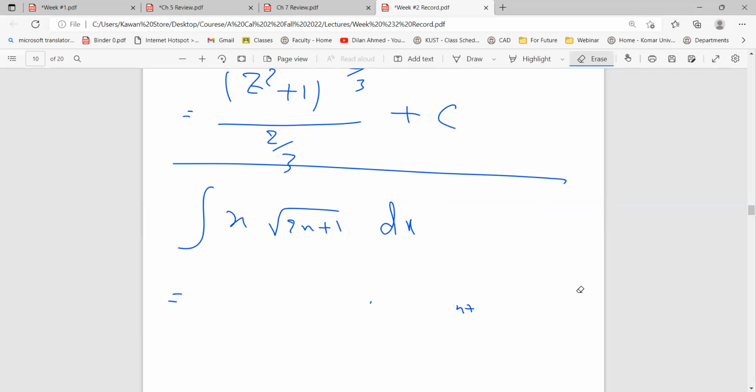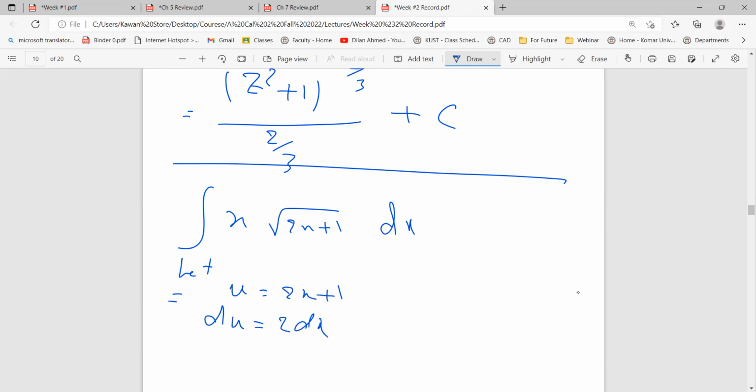Okay, second idea, you say u du. Let me check how. Tell me, where's u? Inside that square root. Okay, I'm saying let u be 2x plus 1. Okay. And du is equal to what? 2 dx.